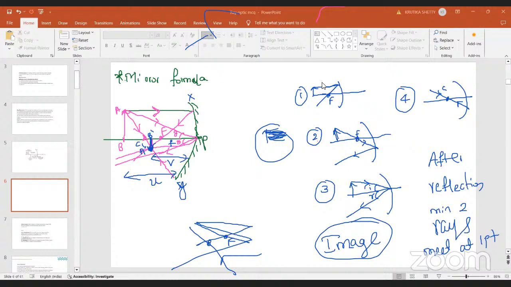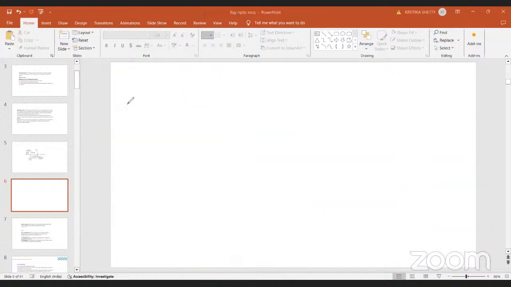So now, we will see one proper diagram so that we can proceed with the derivation. You can observe if you want once again. XY is the concave mirror. P is the pole.